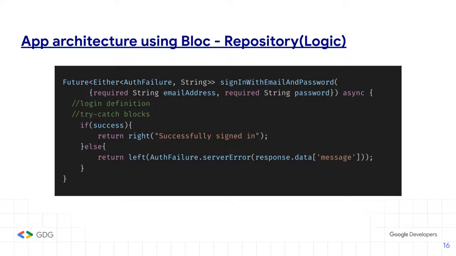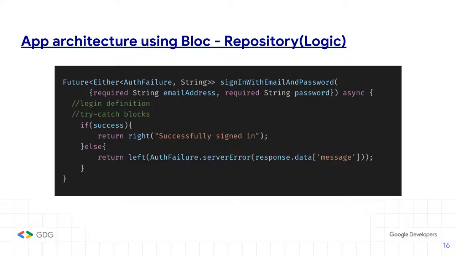And here, notice that I'm again using the Either return type, and it's a Future type because I will be making a call to the API. Your login definition goes here, and since I'm making a call to an API, I will wrap the whole thing with try and catch because anything can go wrong during the call. If the API returns successful data, then I'm going to pass a string, and I'm going to wrap it with the Right keyword.